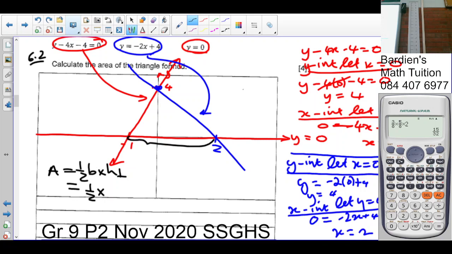How many units is that? 3 units. Can you all see that? 3 units here. And your perpendicular height is going to be from 4 to the origin, which is 4. So it's going to be half my base, 3, times the height, which is 4. So it's going to be 12 times a half, which is 6.